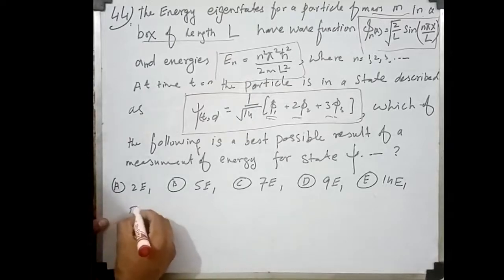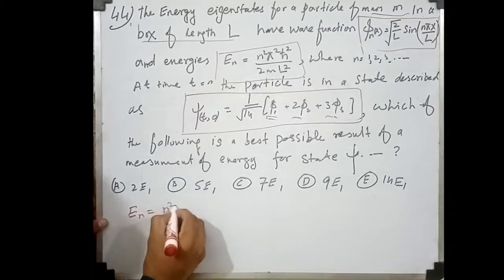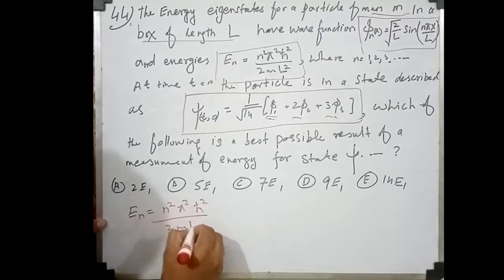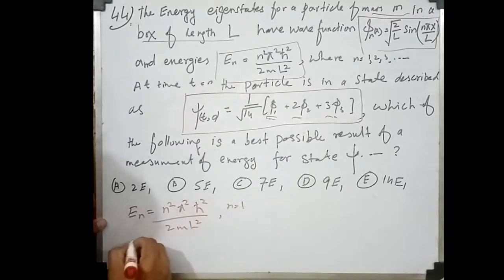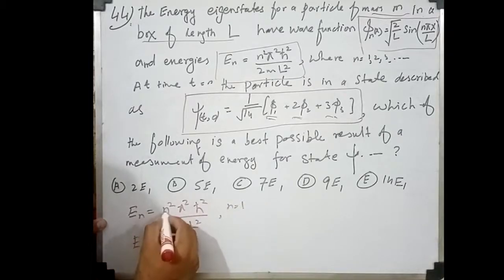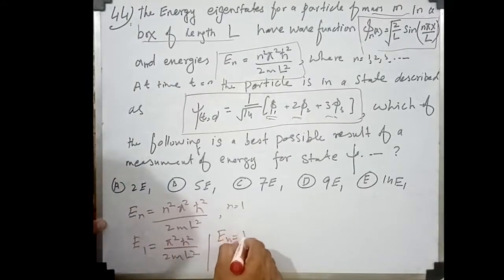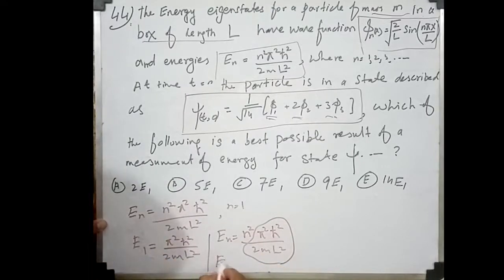The formula given is En equal to n square pi square h cut square over 2 m L square. If I put n equal to 1, then n square will become 1, so E1 will become pi square h cut square over 2 m L square. Now En is equal to n square pi square h cut square over 2 m L square, and we can see that this is E1, so En will become n square E1.